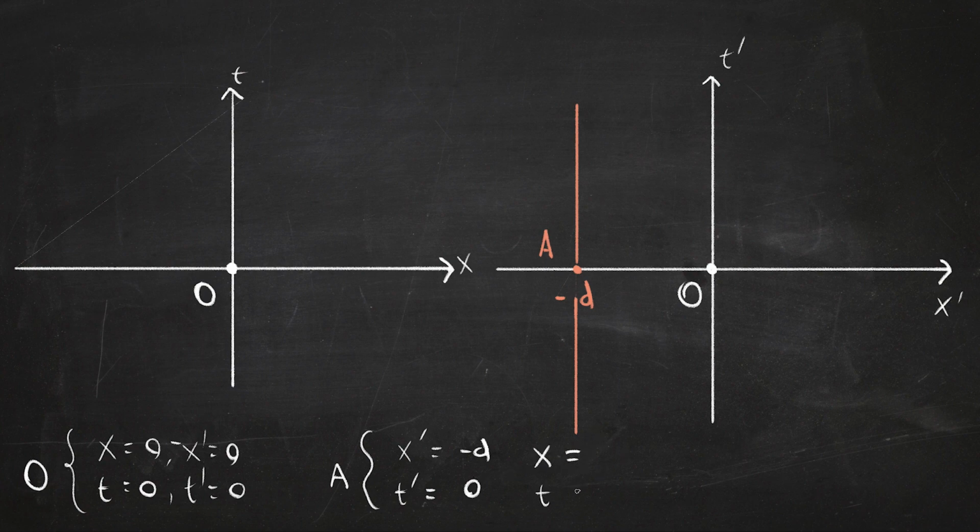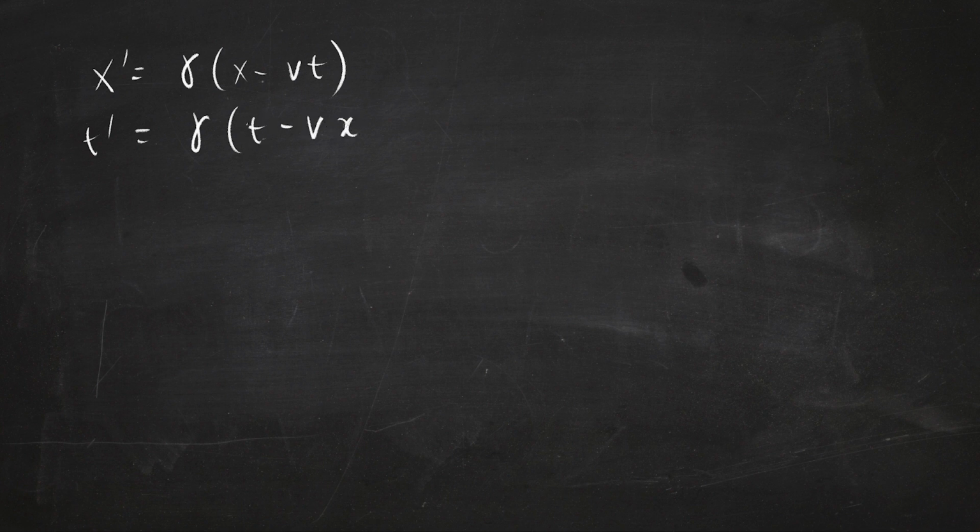This is where I'm going to calculate things on another page, just using the Lorentz transformations. So we have x prime equals gamma (x minus vt), and likewise t prime equals gamma (t minus vx), isn't it? Very nice.